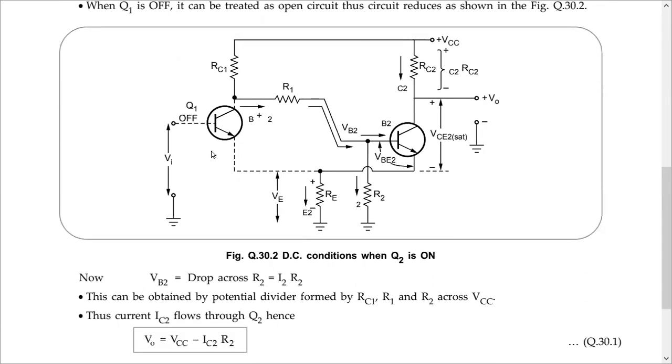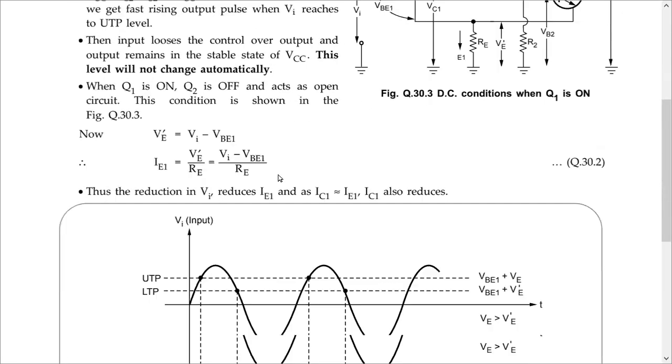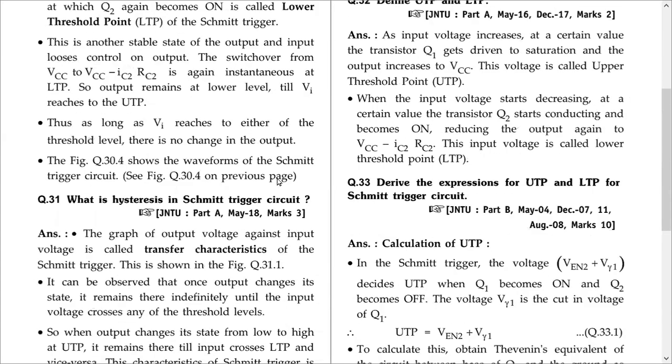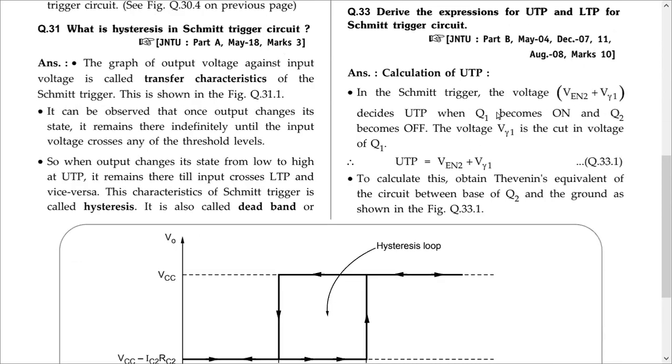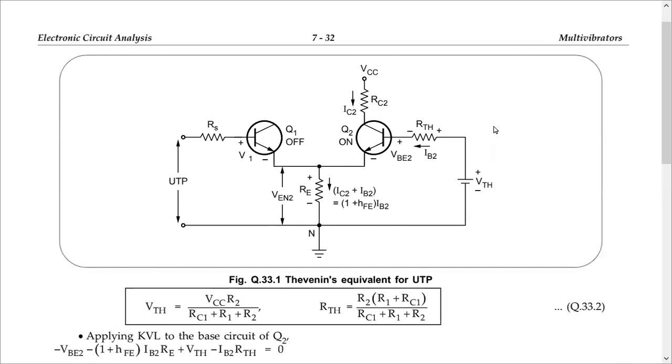Here, the upper threshold point is turning Q1 from off to on. When the input voltage reaches the upper threshold point, Q1 turns from off to on. That is the reason that for the derivation of the upper threshold point, we consider the case Q1 off, Q2 on.